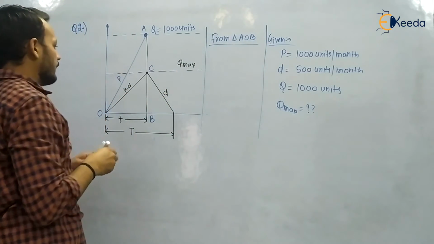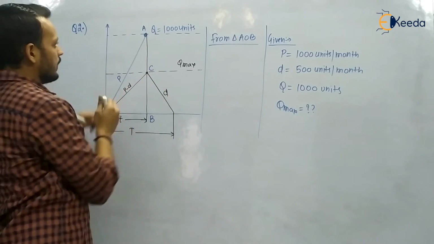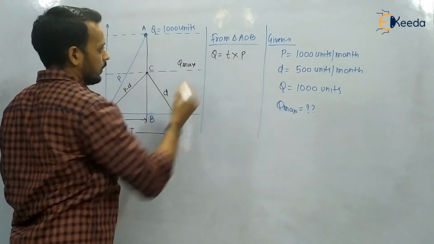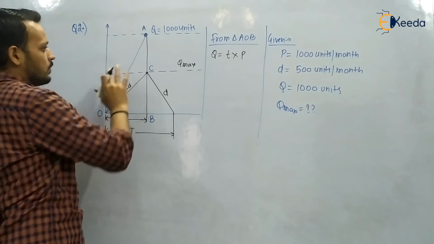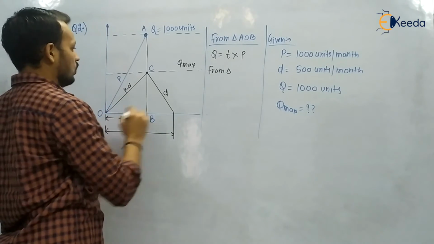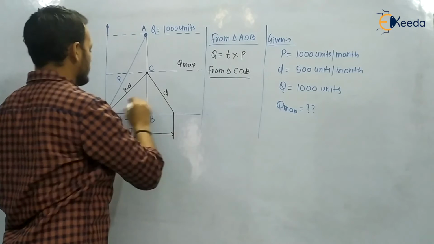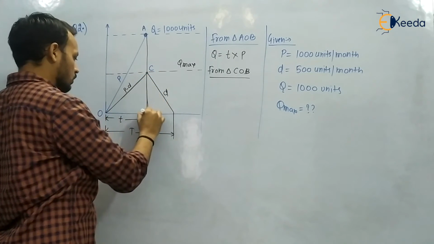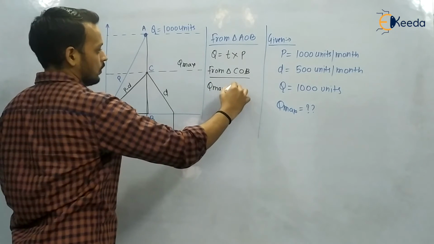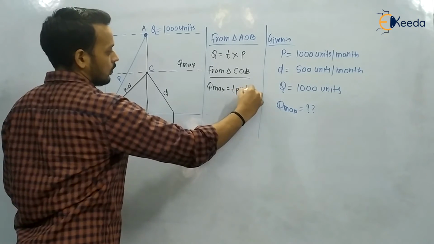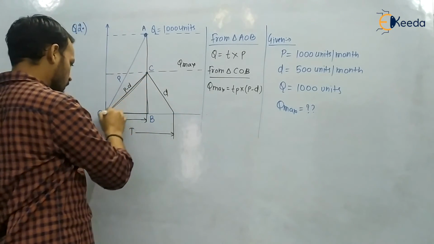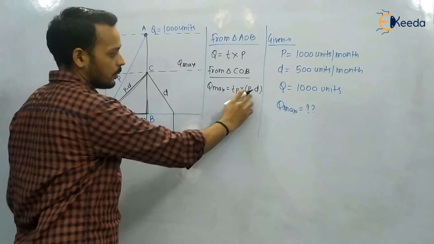From triangle AOB we can write, AB is Q. So Q equals T into P. And from triangle COB, you can see this small triangle COB, from this triangle we can write Q max equals TP into P minus D.